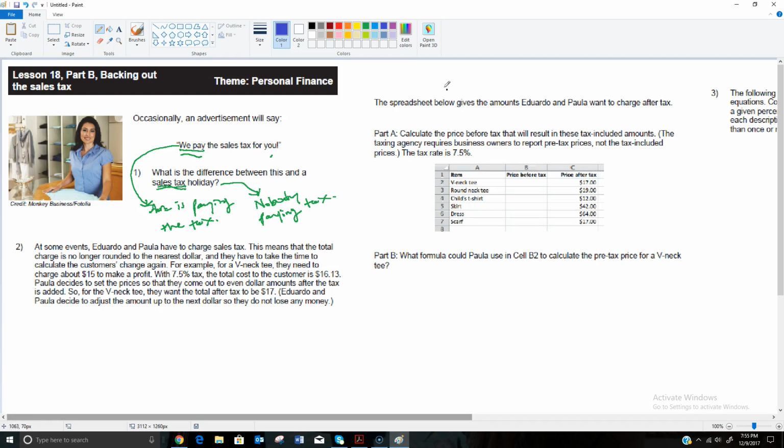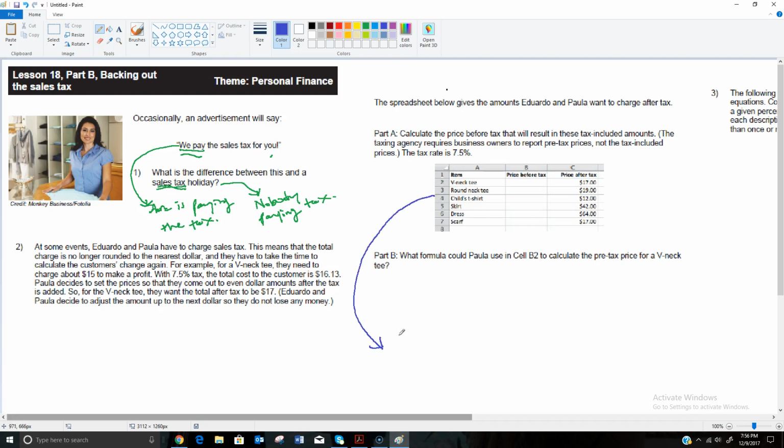So here's our spreadsheet. It says these are the amounts that they want to charge after tax. But they have to report to the state how much they charged and then how much was taxed. They don't want to give the state more than 7.5%, more than they have to. So by saying I'm going to charge $17 after tax, that means you've changed the before tax amount technically.